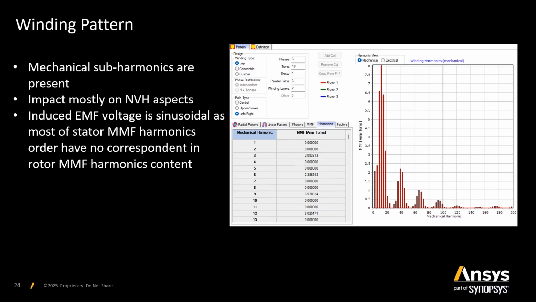It's what we call subharmonics. These harmonics will not interfere with the immediate performance to generate torque, but they will appear and have an impact on noise and vibration. They will impact what's happening in the machine from the mechanical point of view.